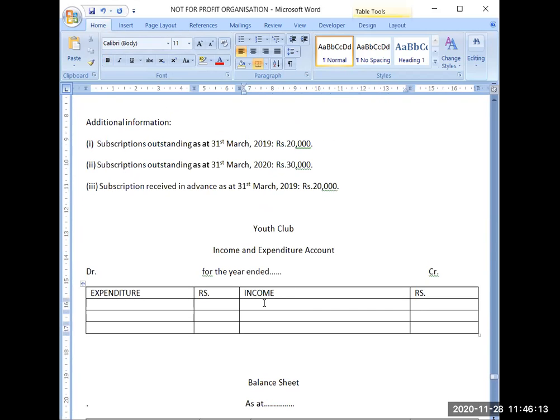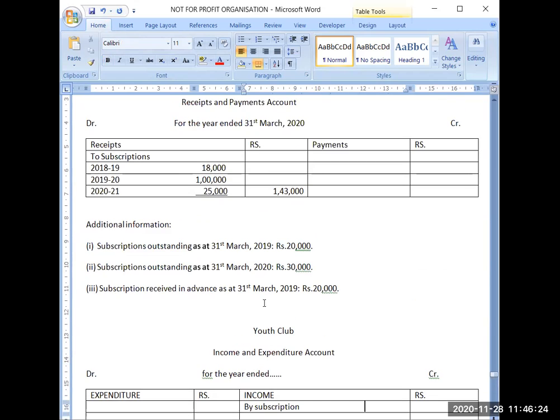So first here I will be writing by subscription, and the amount received, I will write it here. Amount received is 1,43,000.